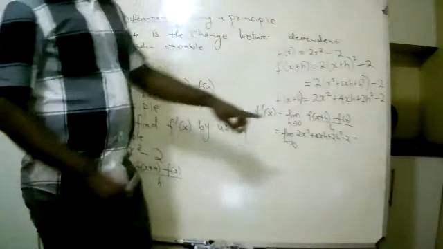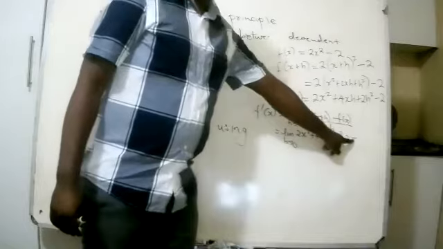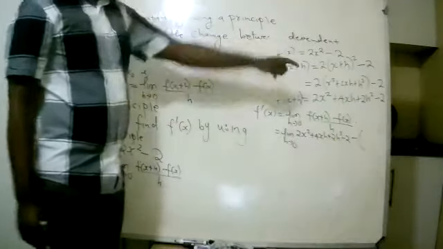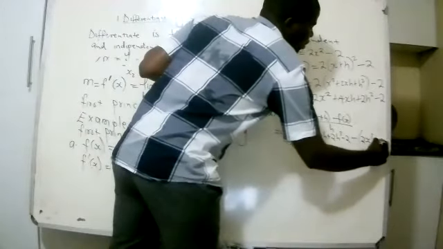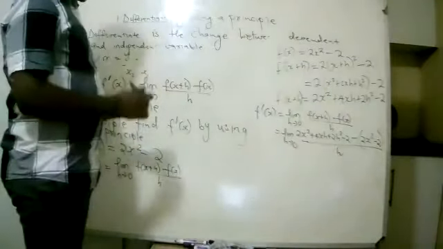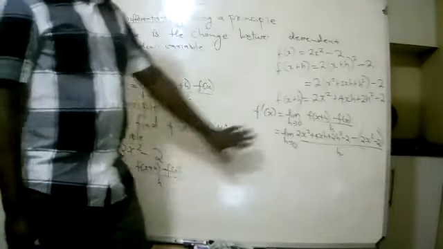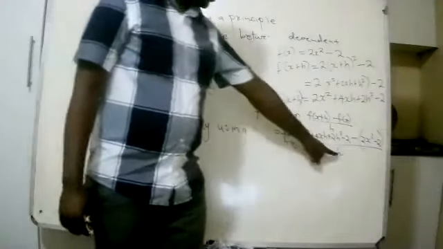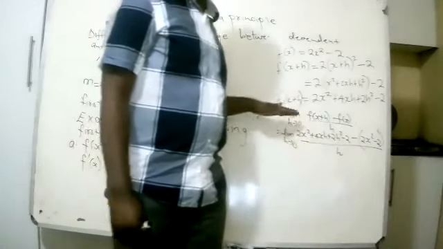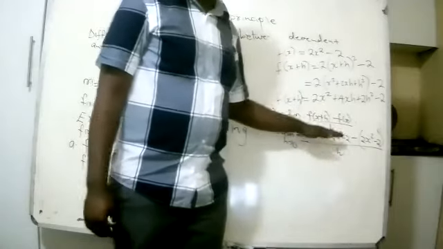The other thing which is very important is this negative here. You must be very careful about that negative. Usually, when we are on this step, we have to put a bracket like that, and then from there, we substitute your f of x, which is given as 2x squared minus 2. All this must be divided by h. You are now left with simplification. And I told you, at all times when we deal with this question, this h that we have on the denominator must cancel with a term on the numerator.